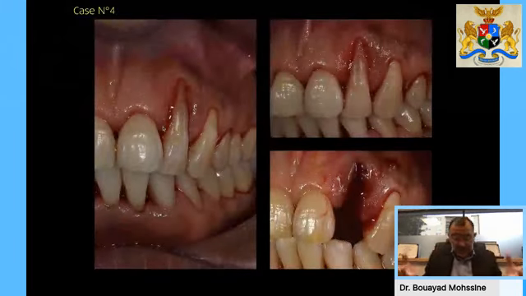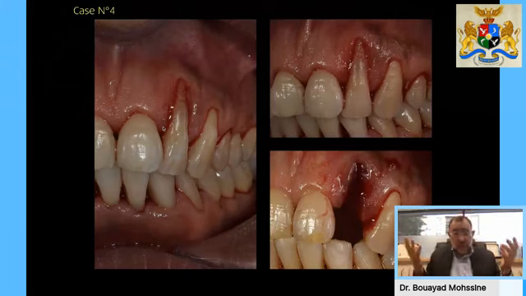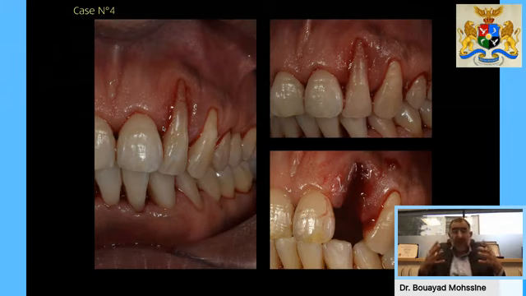In this case, we have two problems. We have a hard tissue deficiency, a defect, and a soft tissue defect. We have to manage the hard tissue first and the soft tissue in the second surgery. We have to create a good volume of bone and recreate a good volume of soft tissue around the implant.